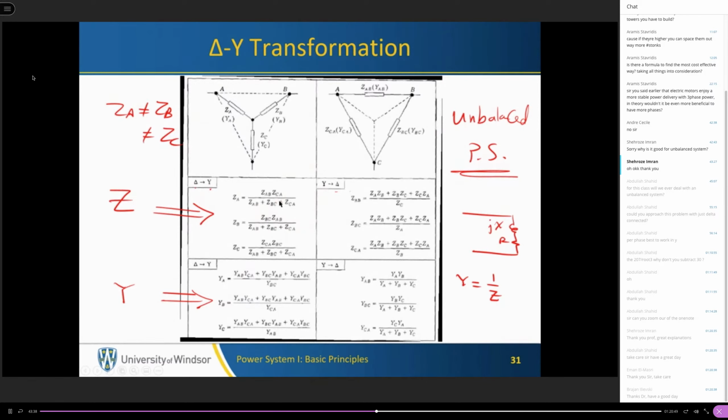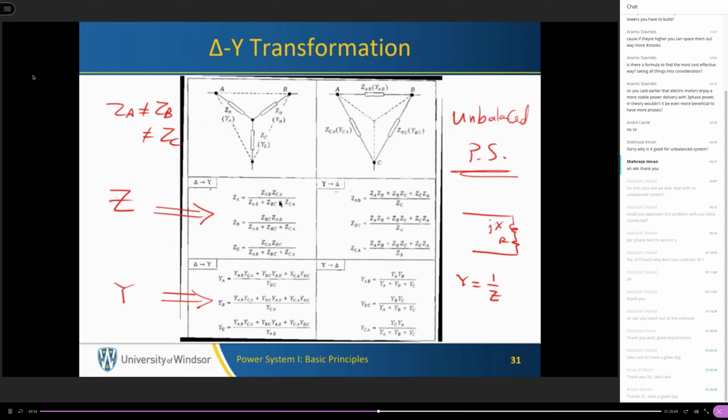And that is why I'm telling you, increasing the number of phases will increase the complexity of system analysis. If we switch from 3 to 4 or 6 or wherever, this will add a lot of complexities.